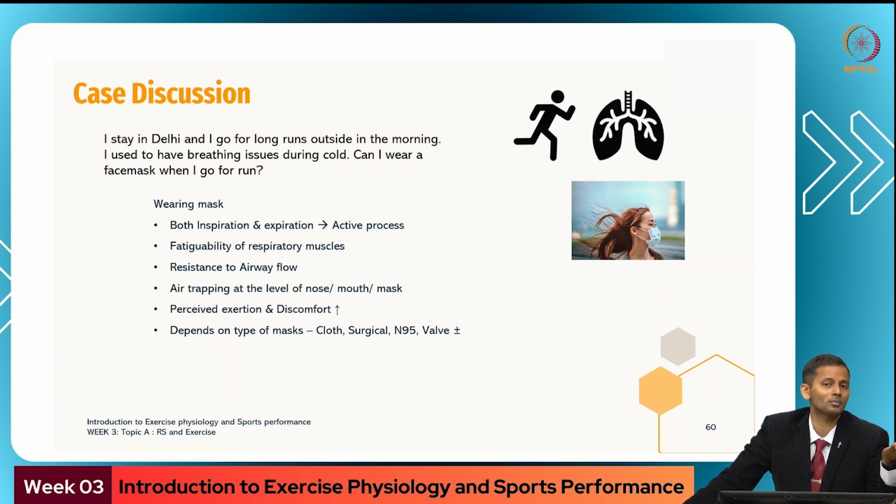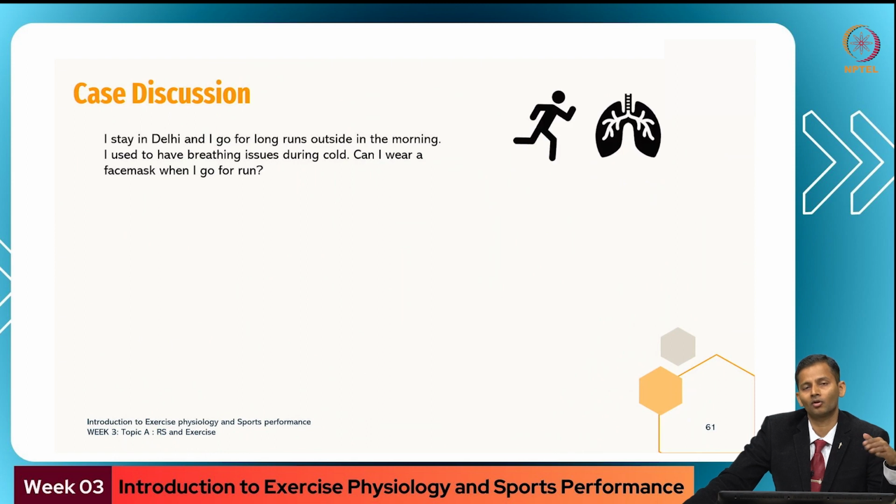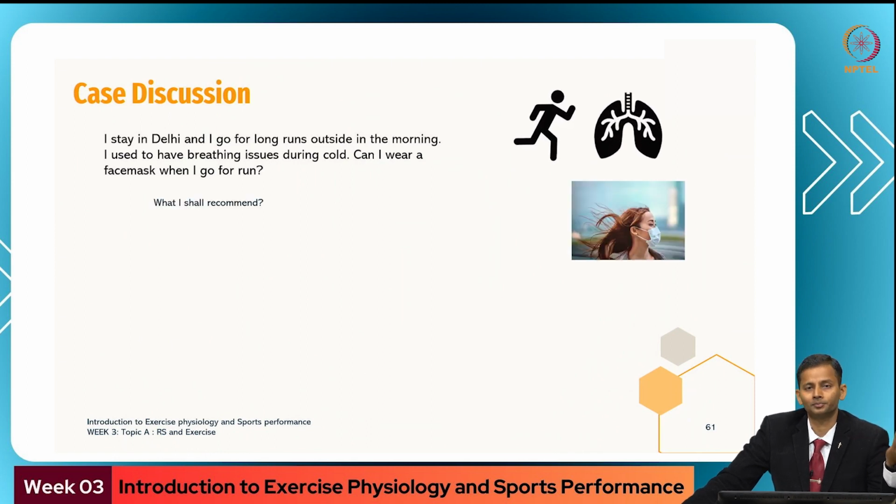However, performance may vary in terms of the perceived exertion and the discomfort felt by the person doing the exercise. As the thickness of the mask increases, the performance also drops. This is one aspect you need to be aware of, so that you can give suggestions or recommendations to your clientele.